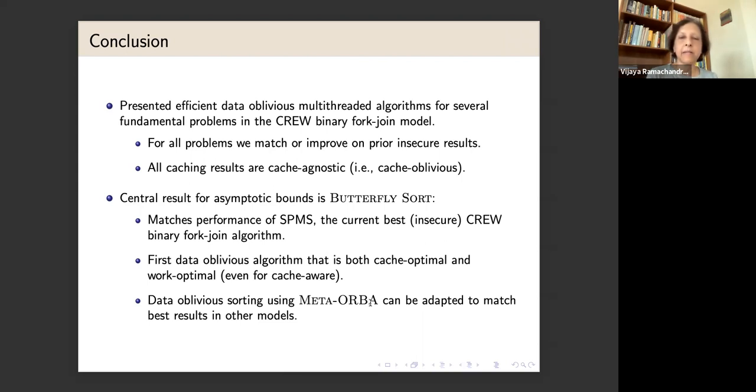And our central result is butterfly sort, which even improves on data oblivious algorithms in the sequential case if you want cache efficiency. And we also match the current best performance of our binary fork join sorting. And in fact, our data oblivious sorting, just using our MetaOrba, which is what we presented, can be adapted to match the best results for sorting in other models like the BSP and the parallel external memory.